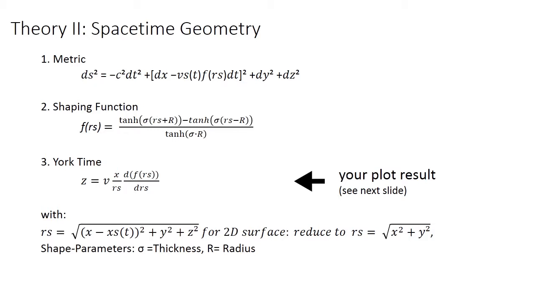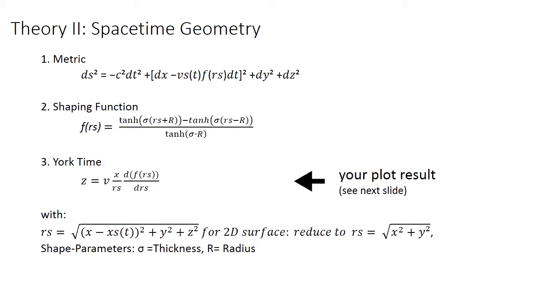Here it is a tangent hyperbolic function where sigma denotes the thickness of the warp bubble and the capital R stands for the radius of the warp bubble. So if you increase R, the radius, the warp bubble gets bigger.